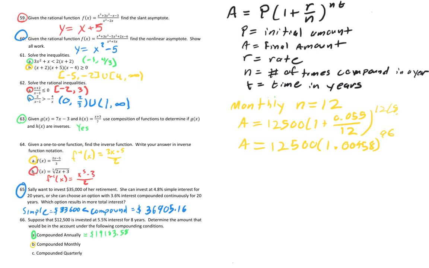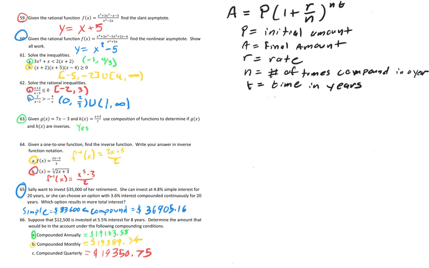Keep the most decimal places to keep the most accurate answer. So you can plug this in. So 12,500 times what we have in that parentheses right there, to the power of 96. And we're going to have A is equal to 19,389.34.